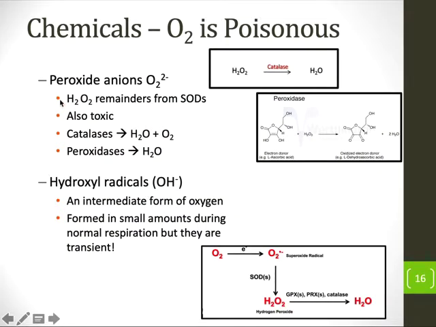For the peroxide anions, the organisms that produce them, it is still toxic to them. They have hydrogen peroxide, which they have to catalyze into water. And these organisms will have the enzyme catalase. So when you do biochemistry in lab, you would come across organisms that are catalase positive and those that are catalase negative.